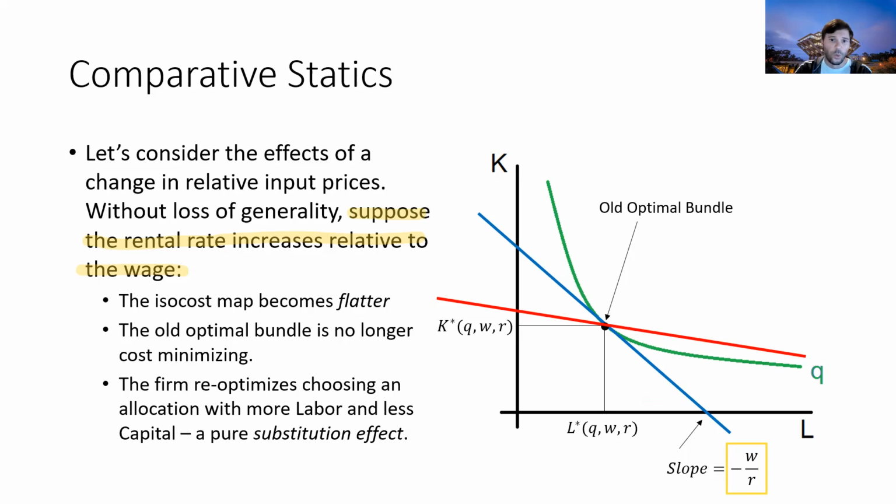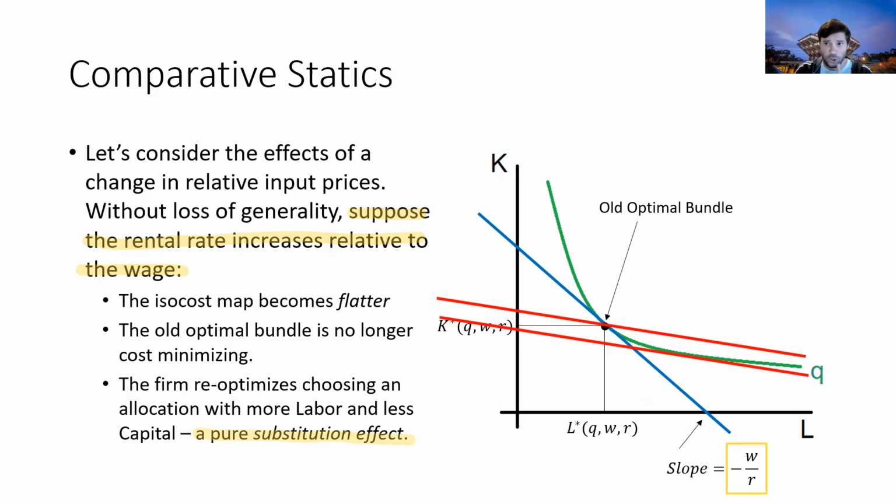meaning we're going to witness here a pure substitution effect, with no income effect, when you're considering price changes with a cost-minimizing firm. We don't have to worry about any of that weird Slutsky equation, income effect, substitution effect. It's not an issue here.